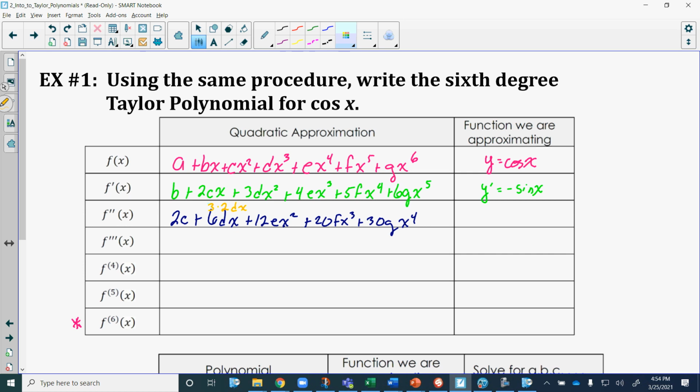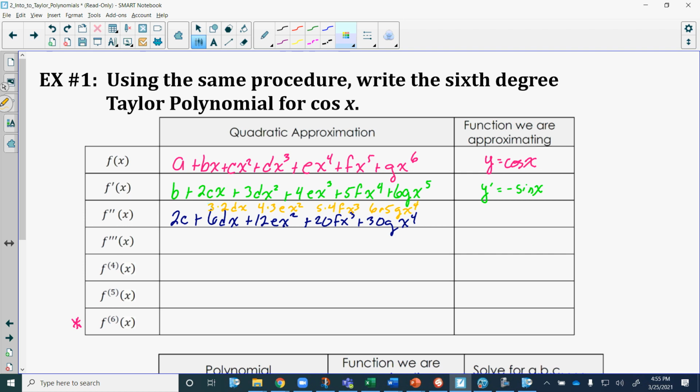The 12 ex could be written as 4 times 3 ex squared. The 20 could have been written as 5 times 4 fx cubed, and the 30 could be written as 6 times 5 gx to the fourth.